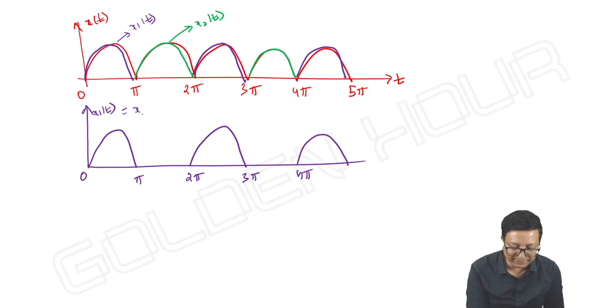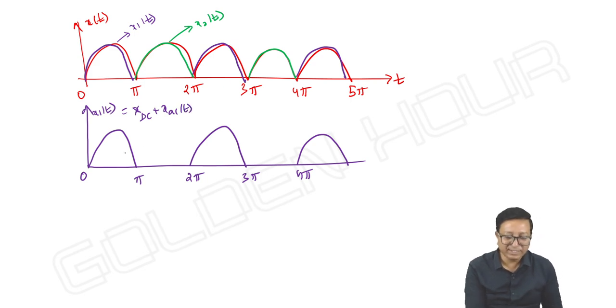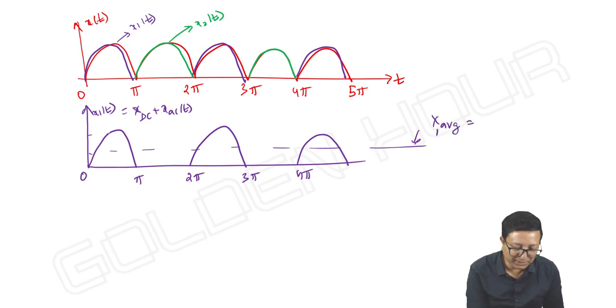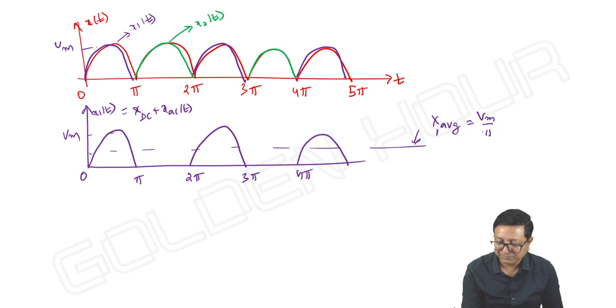I can write it as a combination of DC and AC, or its average amplitude. X1 average: if its peak amplitude is Vm, then it is Vm by pi. Is it not so?